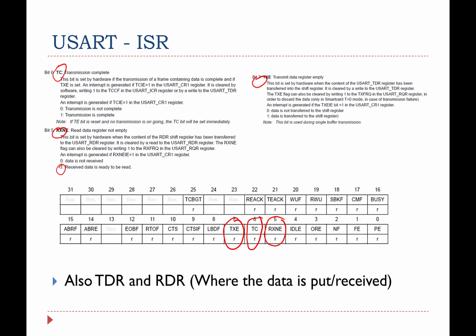So when you write to the transmit data register, which basically is saying, hey, this is what data I want to send out, it does everything from there and will set the flags when everything is done appropriately. So notice that these 3 registers, CR1, CR2, ISR, along with the transmit data register and the receive data register, which is where you transmit the data and you receive the data, respectively, are the important ones to look at for the UART.